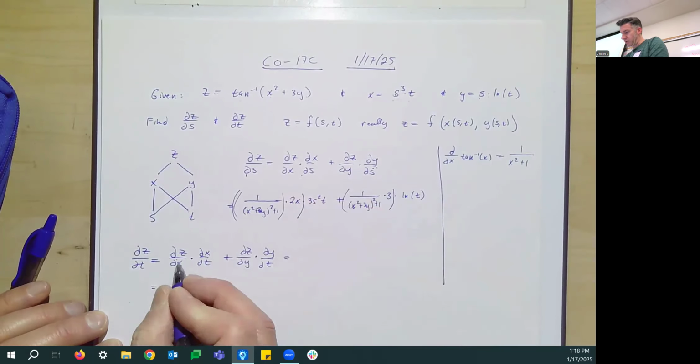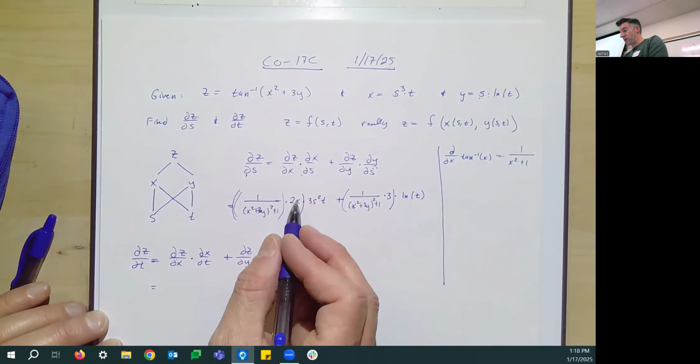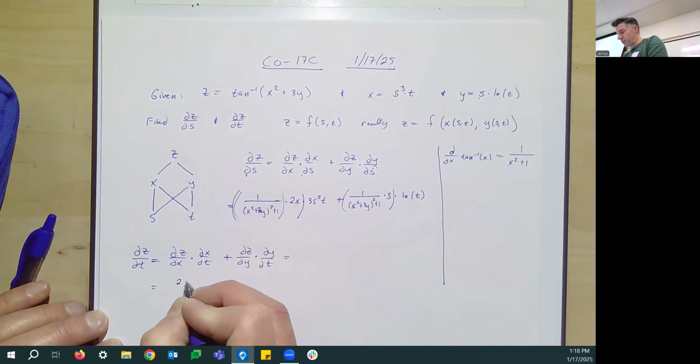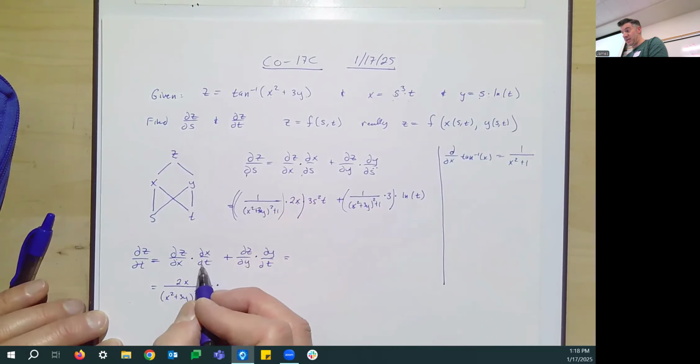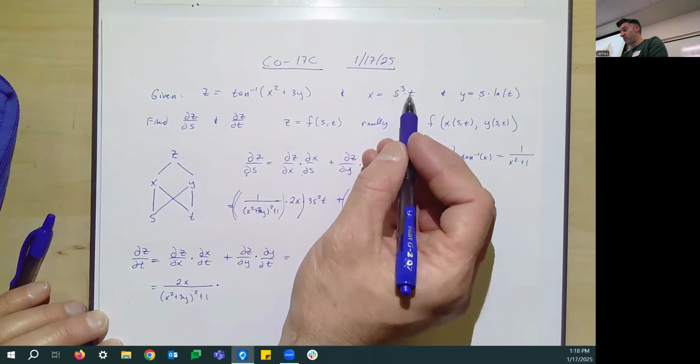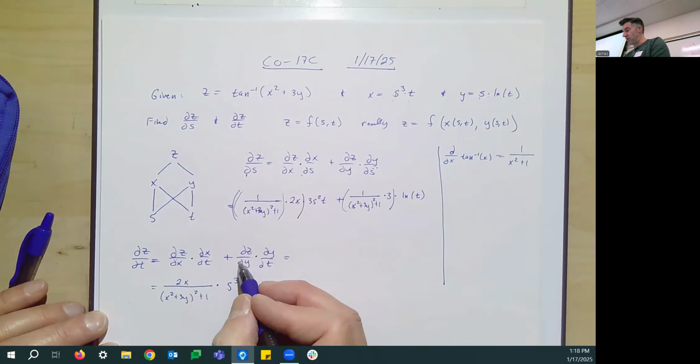So I'm going to get del z del x, which I'm going to rewrite slightly so it takes up less space. I'm going to put that 2x on top and write it as 2x over x squared plus 3y squared plus 1 multiplied by del x del t, which is going to be s cubed times 1. Plus, now we look at del z del y, which we already know.